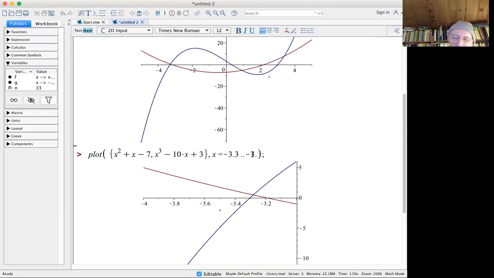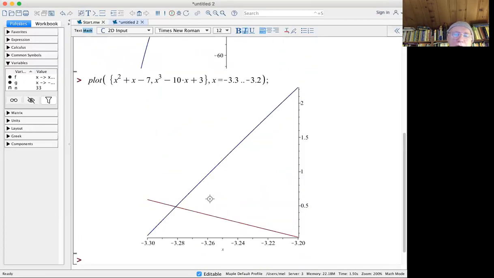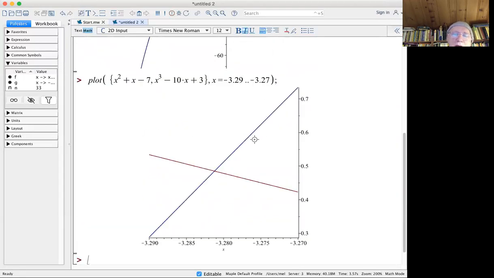Let me blow that up a little bit. I've blown it up some more. It looks like it's between minus 3.29 and 3.27. Looks like it's a little bit bigger than 3.28 and maybe less than 3.283.